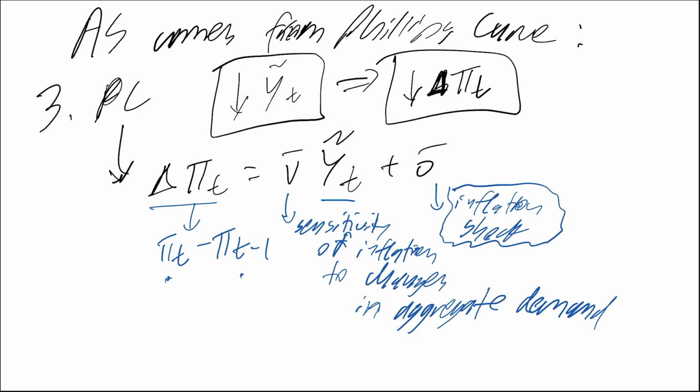Okay, so that's really the three equations. And if you put these two together, we should get something like this, where we have aggregate demand, so how much we want to spend in aggregate in the economy relative to potential GDP. It's going to be this.